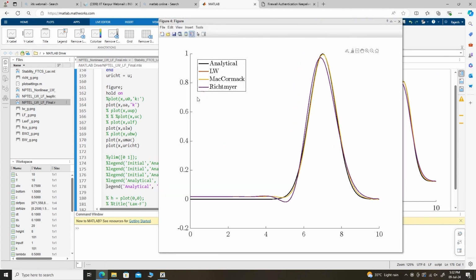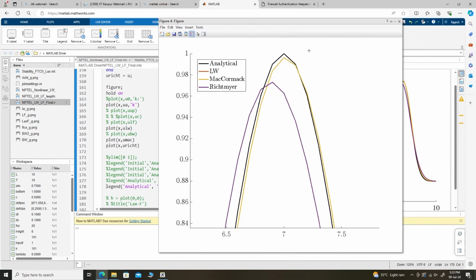Here you can see that your MacCormack and the Lax-Wendroff are actually on top of each other. That is why you cannot see the Lax-Wendroff. If I blow this up, I can probably show it to you, and the Richtmyer is this scheme, which is slightly different from the Lax-Wendroff.